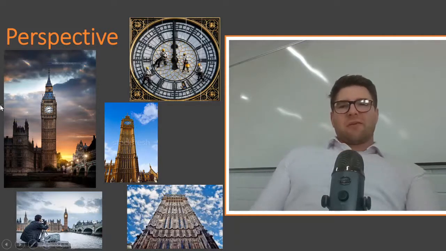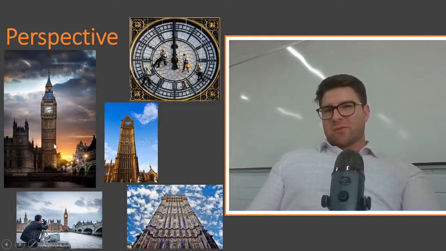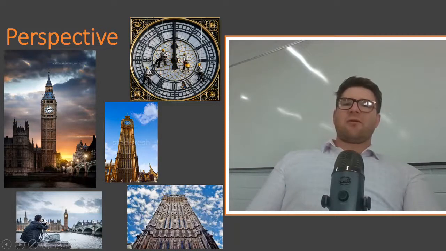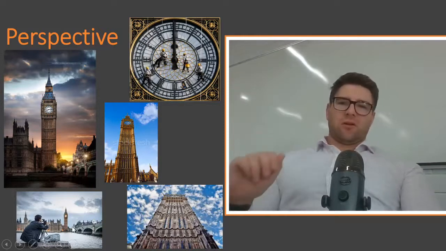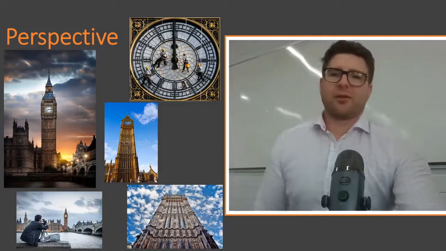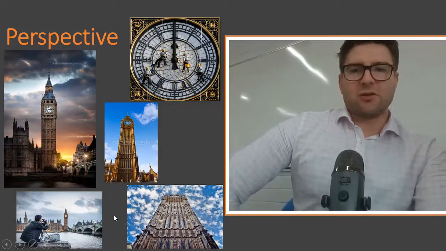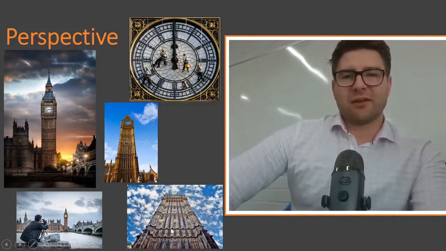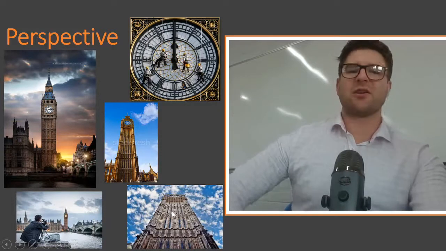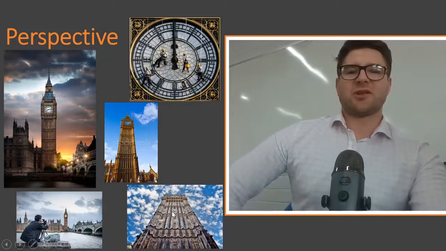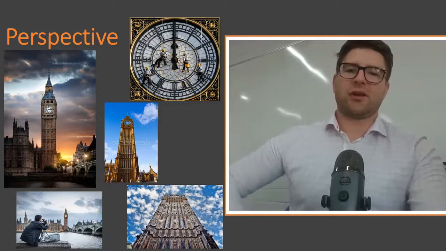So in order to have a flat looking, natural looking perspective like this one, you need to stand further away and zoom in using a longer focal length. But if you wanted to create a perspective like this one, then you'd need to be closer to your subject and using a wider focal length to fit it in the frame.